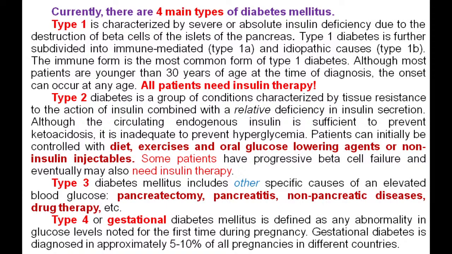Gestational diabetes is diagnosed in approximately 5 to 10% of all pregnancies in different countries. More often, we meet patients with type 1 insulin dependent and type 2 non-insulin dependent.